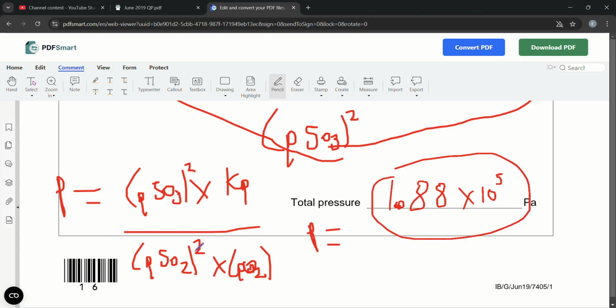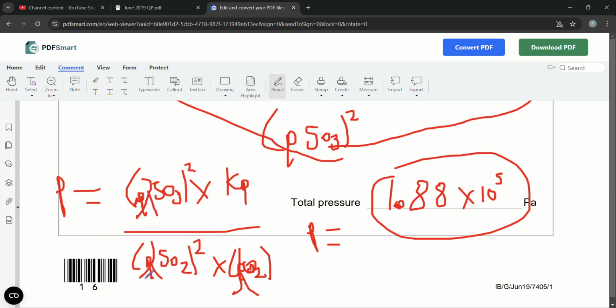And there's a quick mistake here. I shouldn't have used P because it's actually not the pressure. What this actually is, is the mole fraction. So you can just use anything really. Let's use lambda instead.